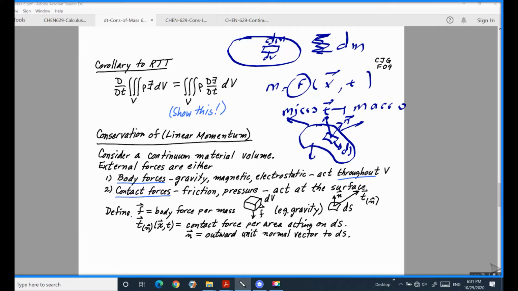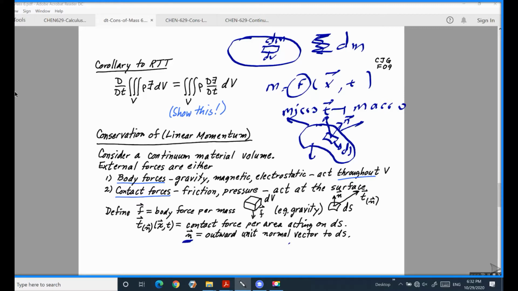Okay, define F as the body force per mass, like here, and T(n) is a function of the position vector x and t. It is the contact force per area acting on dS, like here. In here, the n, we know from before, is the unit normal vector perpendicular to the surface area.